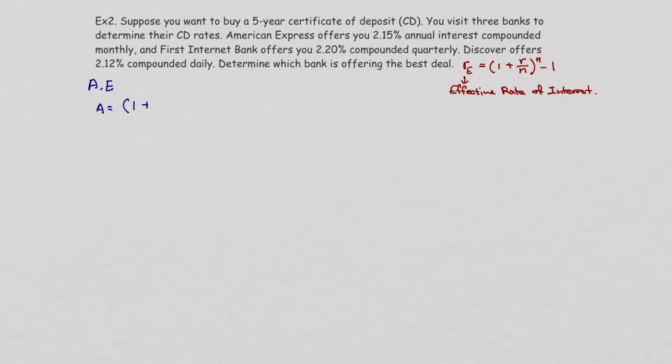So you're going to end up getting 1 plus, let's use a different color, 0.0215, compounded monthly, so 12, minus 1.